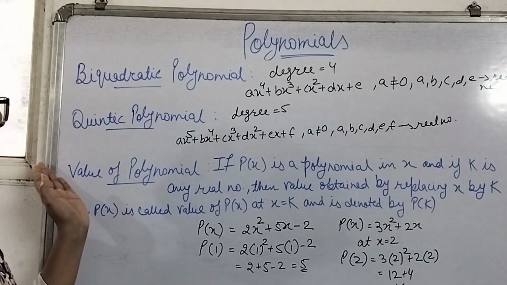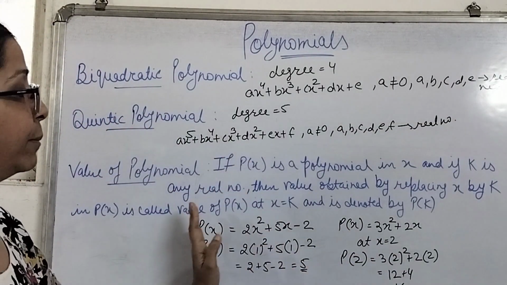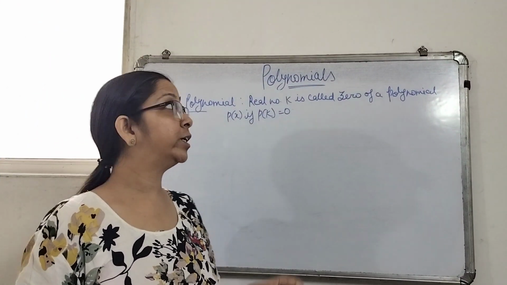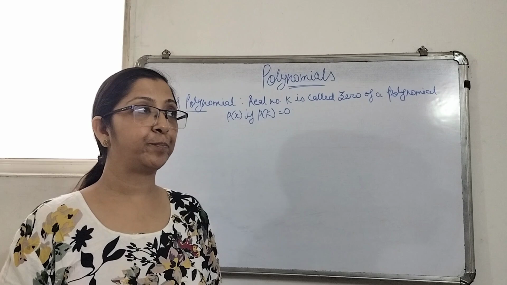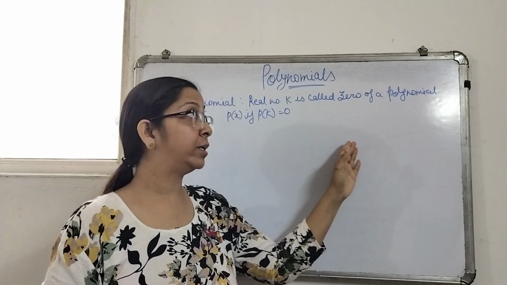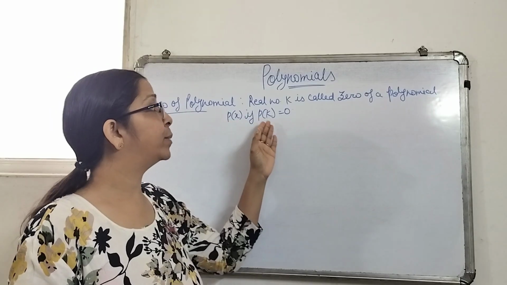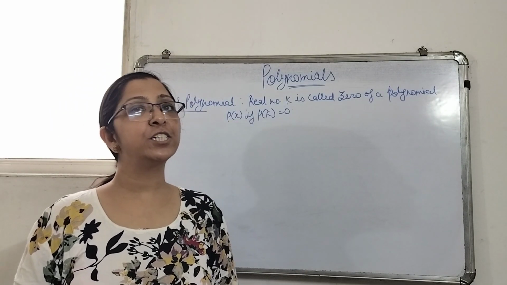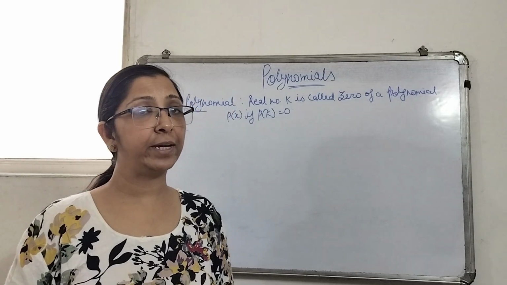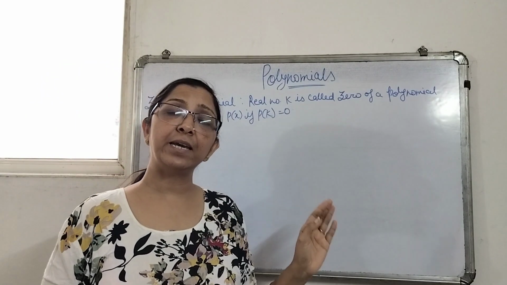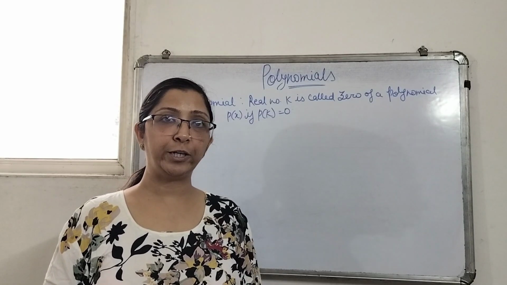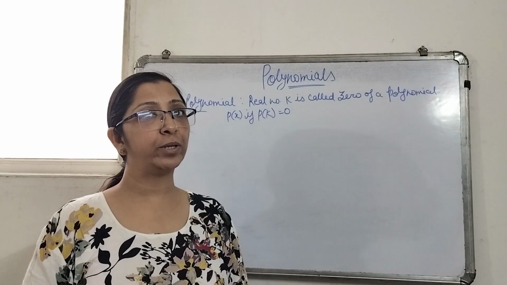That's the reason we can find the value of the polynomial by replacing the variable by the given real number. Now let's see what a zero of a polynomial is. The real number k is called a zero of the polynomial p(x) if p(k) = 0. We have just seen that if we replace x in a polynomial p(x) by any real number k, we get the value of the polynomial at x = k.